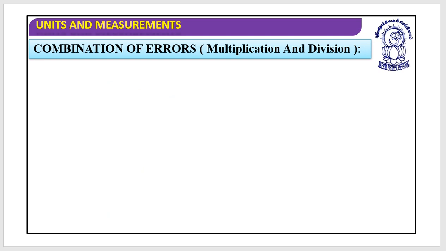Now, let's say we have been given that the force that is acting on an object is 50 plus minus 2 Newton, and the area of that surface is 100 plus minus 1 meter square.